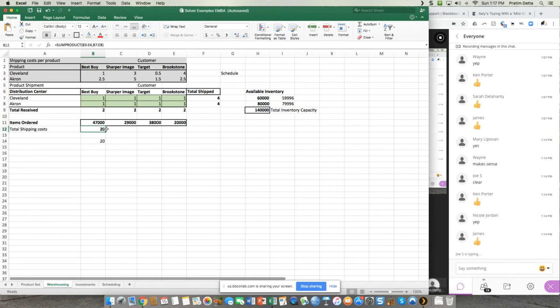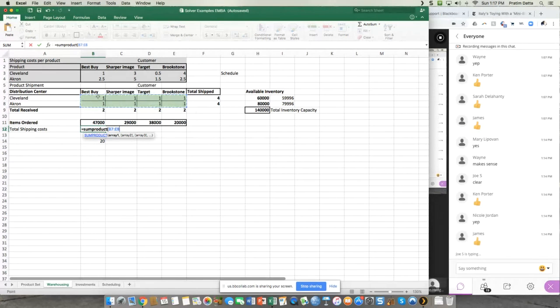So sum product is very interesting. In that case, all it's doing is a shortcut. So we'll say equals sum product. Sum product follows what in programming you call an array. So we're saying sum product of this whole set.